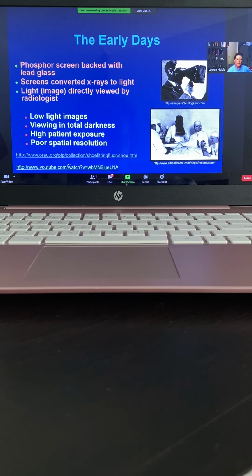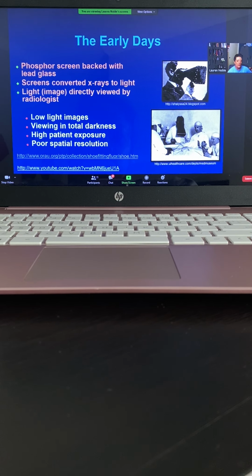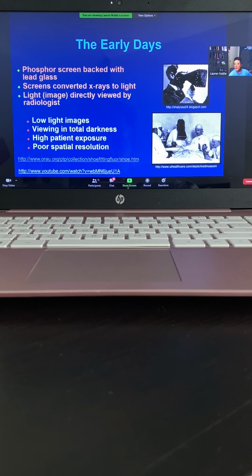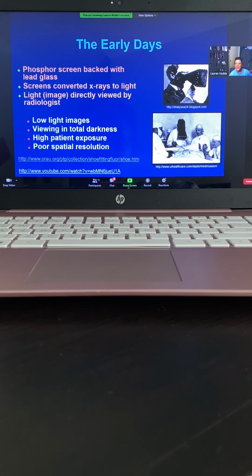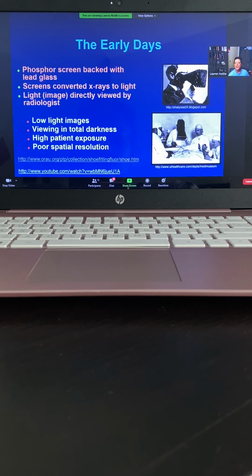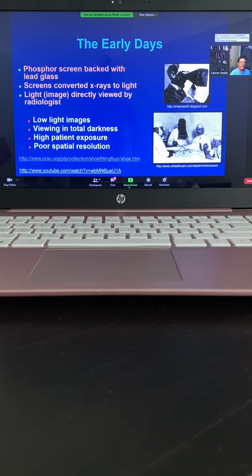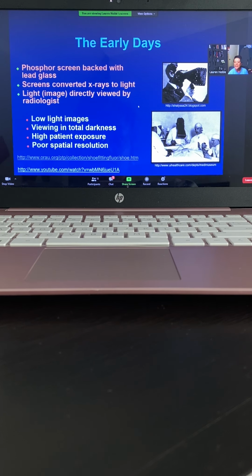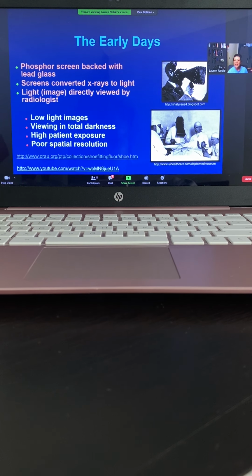When you have a moment, look up these two links, and they show you how fluoroscopy was used even in stores. It was used for shoe fitting. You would go to the shoe store, and you would stick your foot into a fluoroscope device, and you could see how close your toes were to the end of the shoes.